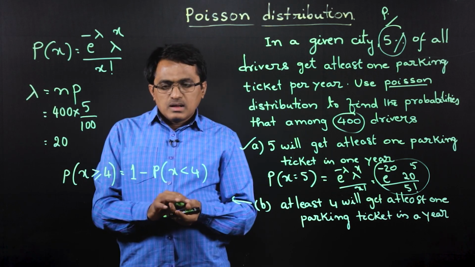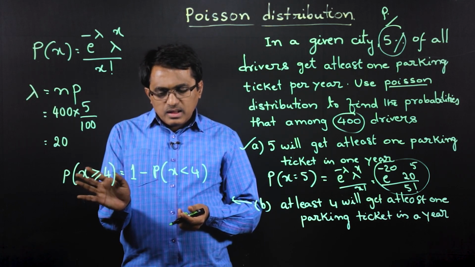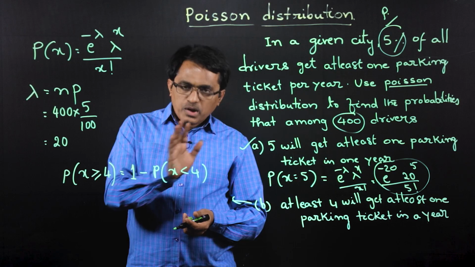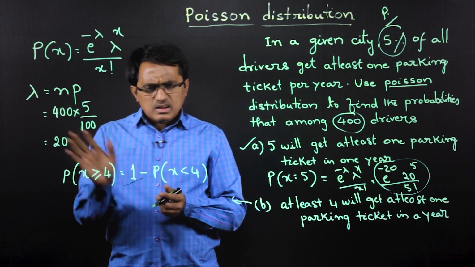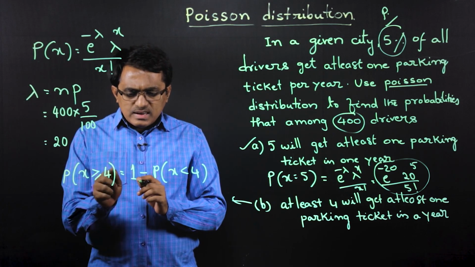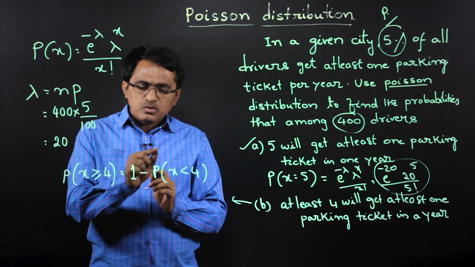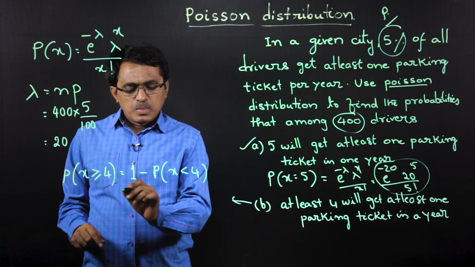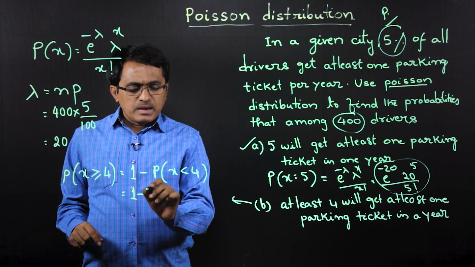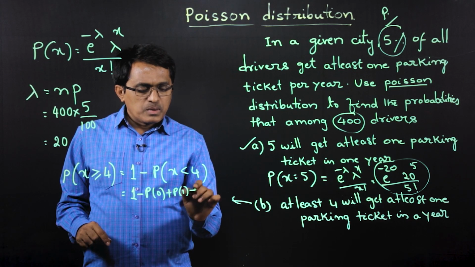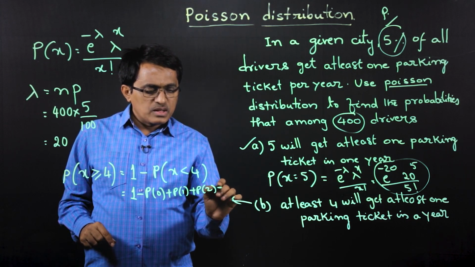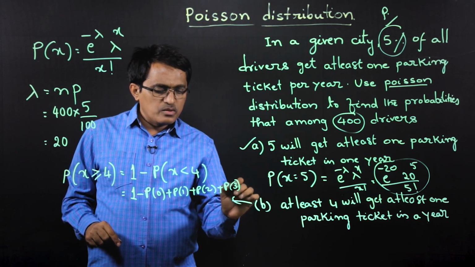We know, because if I take this as P of A, then we can write it as 1 minus P of A bar, where P of A plus P of A bar equal to 1. That concept if we use, P of x greater than or equal to 4 is nothing but 1 minus P of x less than 4. Now it is nothing but 1 minus P of 0 plus P of 1 plus P of 2 plus P of 3 plus P of 4.